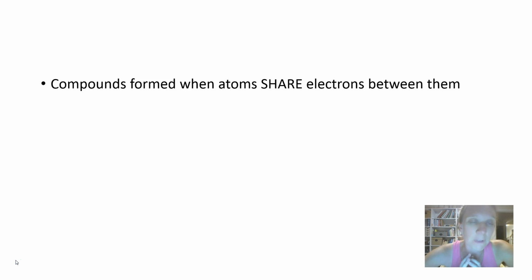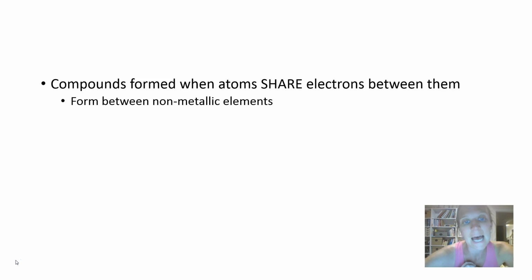So covalent compounds form when atoms share the electrons between them. So two different atoms are sharing the electrons. So that means that covalent compounds need to form between two or more non-metallic elements, because they need to be in a position where they all want to gain electrons and nobody gives them away, so ions don't form.